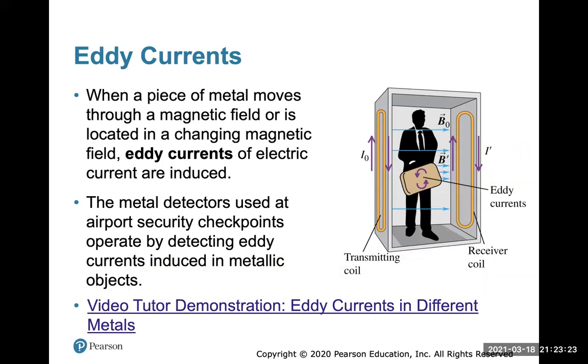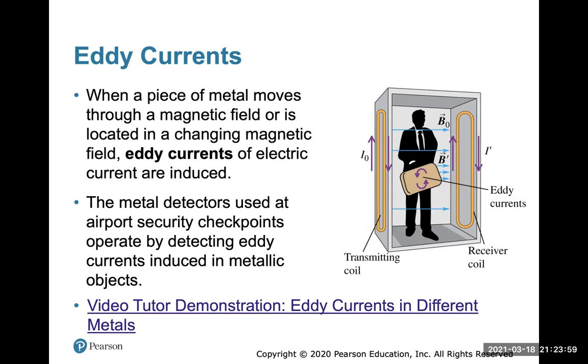The metal detectors at airport checkpoints are induction meters. We've got transmitting coils and receiving coils, and as we walk through the metal detector, that's motional EMF.